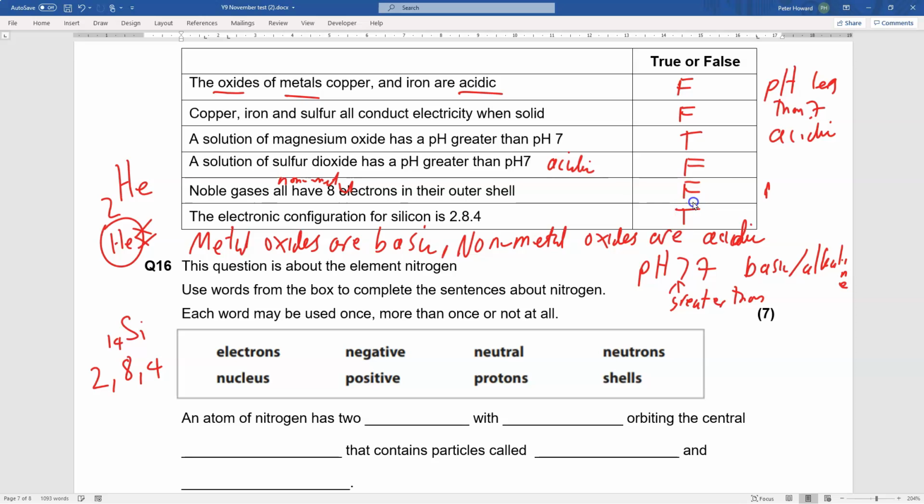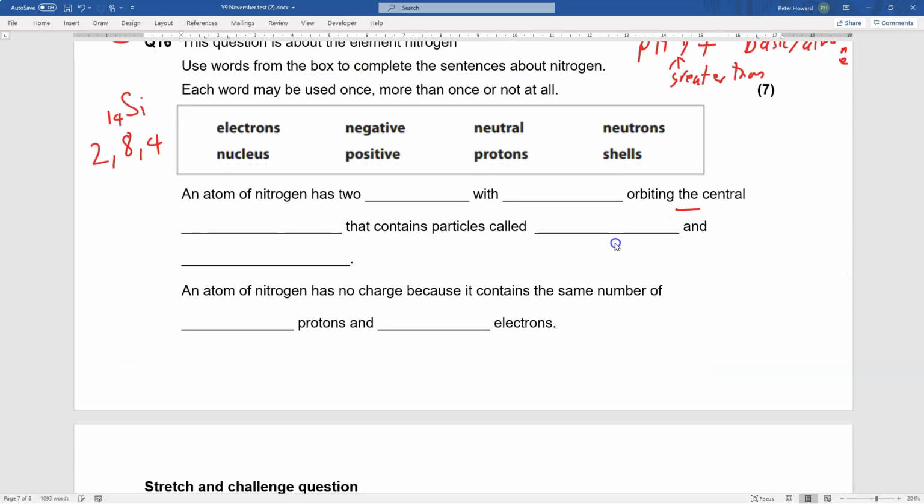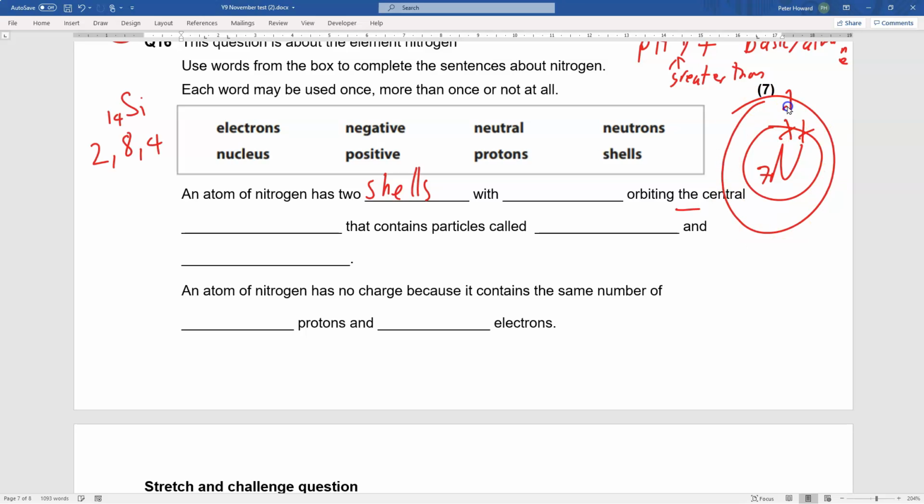So that is also true. The last one, an atom of nitrogen has 2 what? Shells. And again, if you looked up nitrogen, it's got a 7 here. So that means 2 in the first shell, 1, 2, 3, 4, 5 in the second shell, so 2, 5.